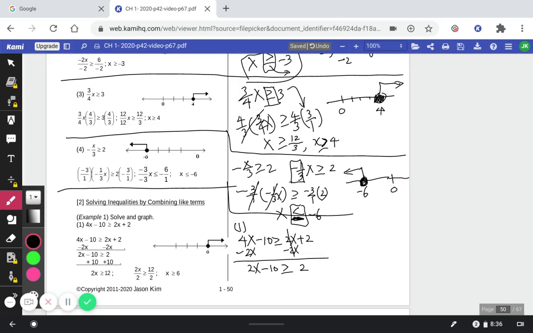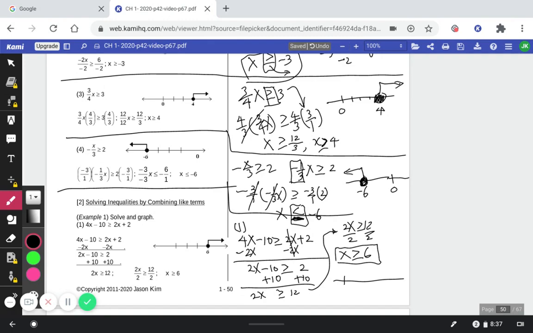And to solve for x, you move plus and minus first. So plus 10 as the inverse operation. You have 2x is greater than or equal to 12. And to solve for x, not 2x, divide both sides by 2. And x is greater than or equal to 6. So that is your solution.